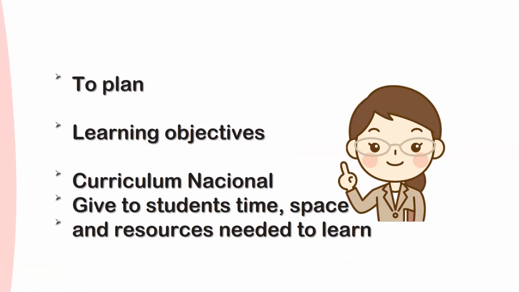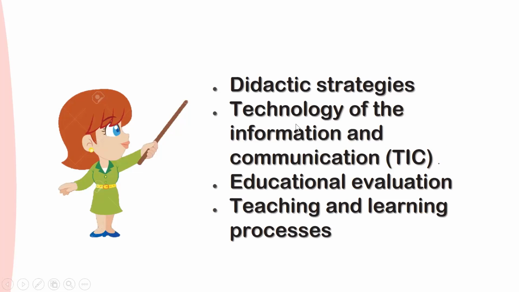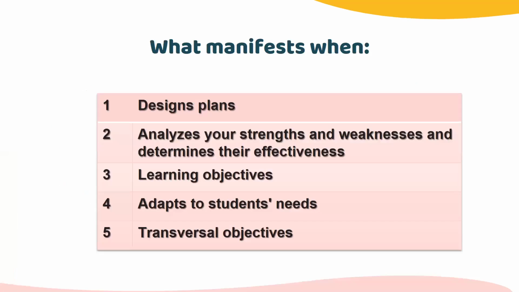Yeah. So we have didactic strategies. It's important that the teacher uses different strategies for the students and uses technologies of information and communication, TIC, educational evaluation, and the teaching and learning process. What manifests when?